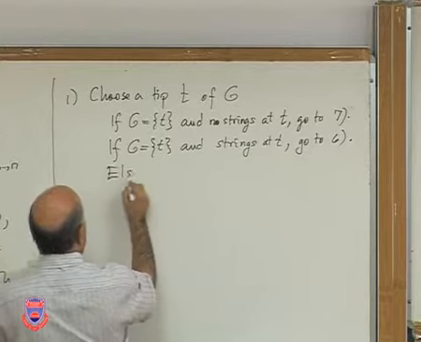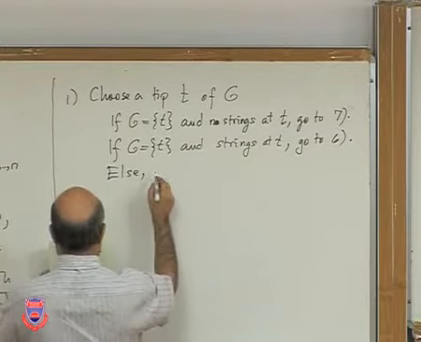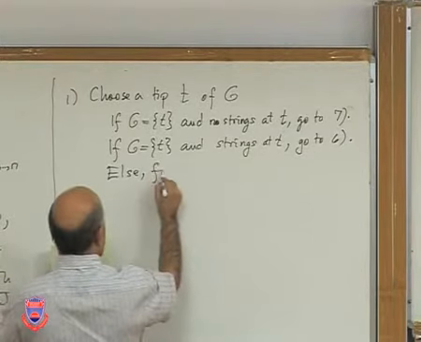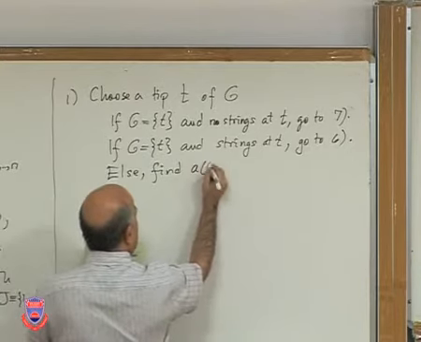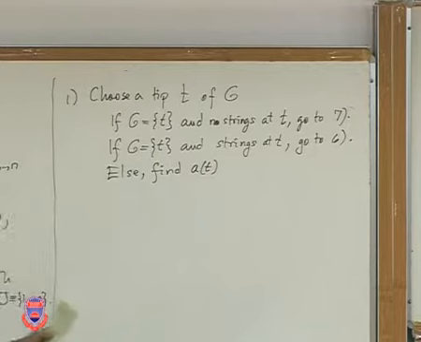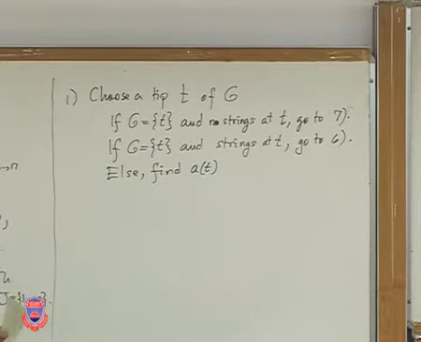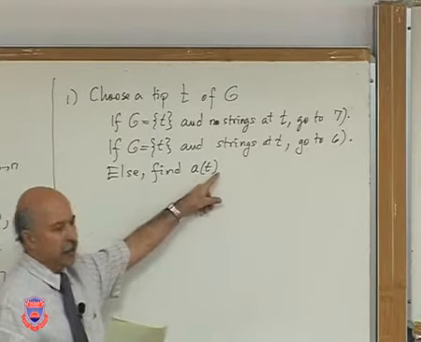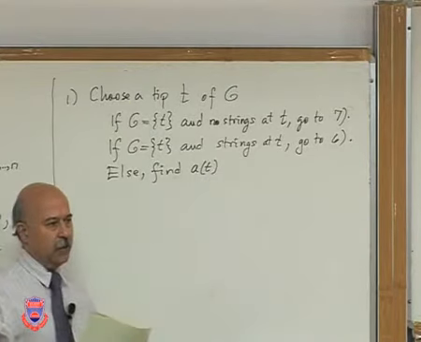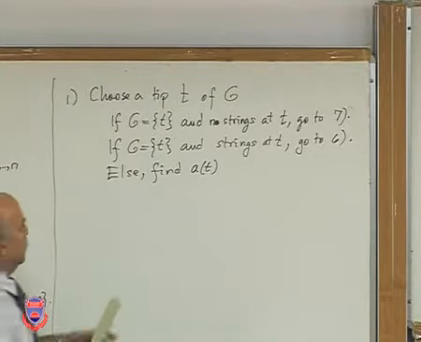If neither is the situation, we go to step 2. But prior to that, we find the vertex AT, which is the unique vertex adjacent to T in the green tree. Okay? Tip vertices are adjacent to exactly one vertex, and so AT is the unique vertex in the green tree which is adjacent or neighboring to T.